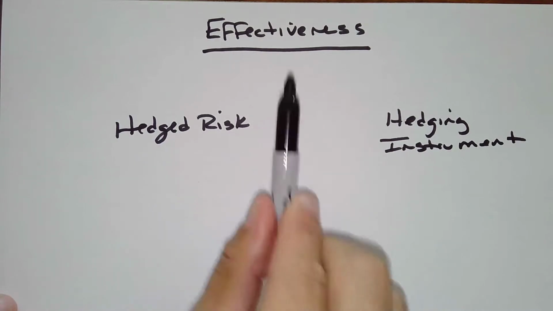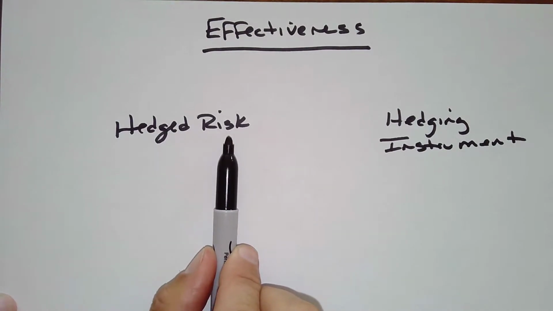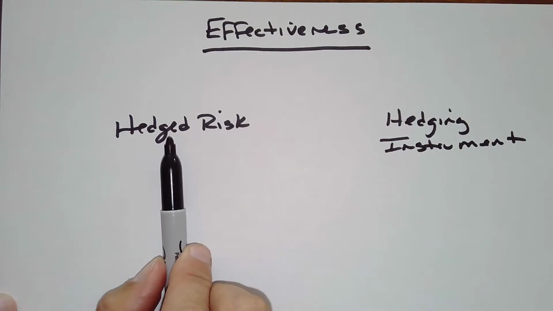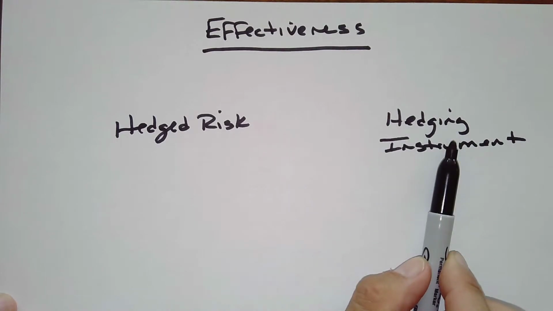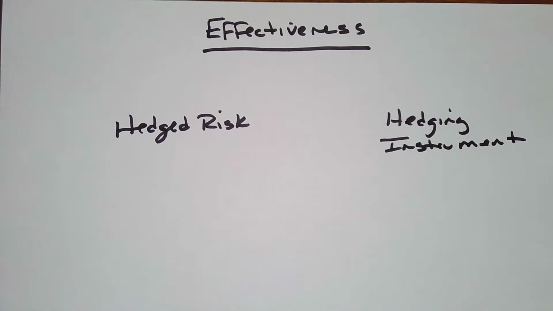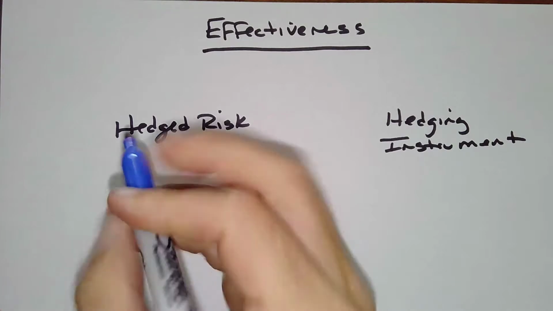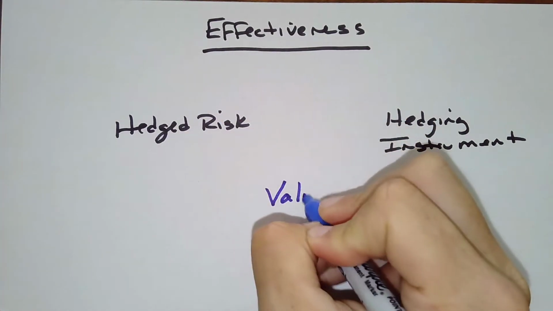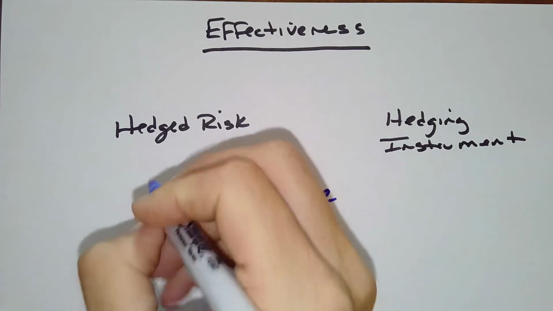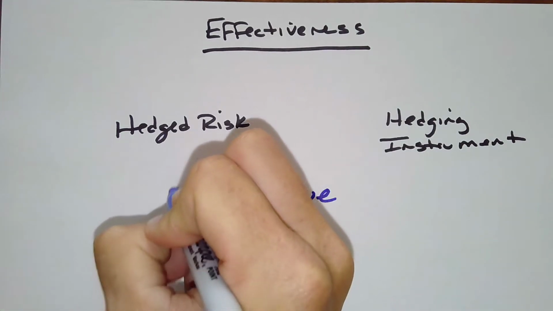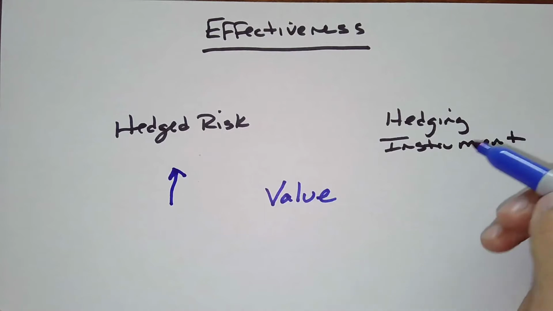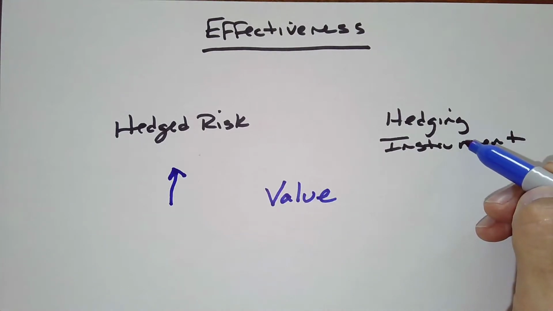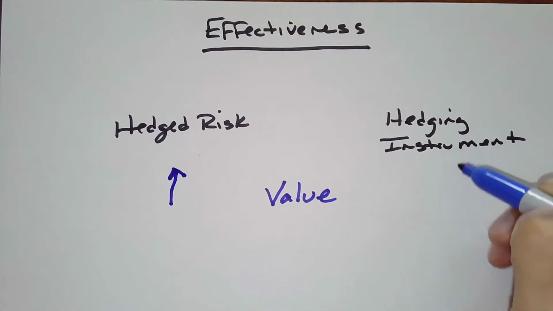So if I am mitigating the volatility of my hedged risk with the hedging instrument, if the value of my hedged risk goes up, what should happen to the value of my hedging instrument?